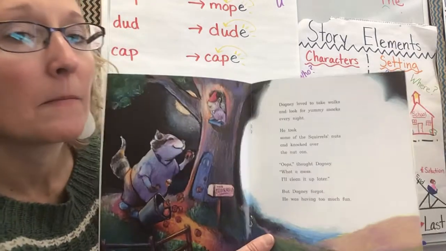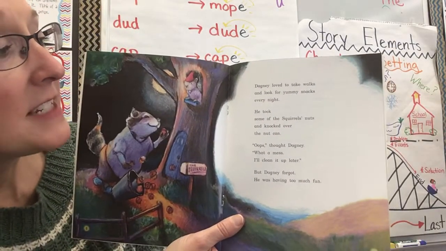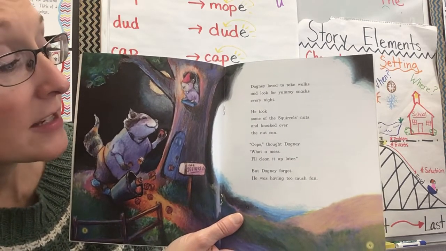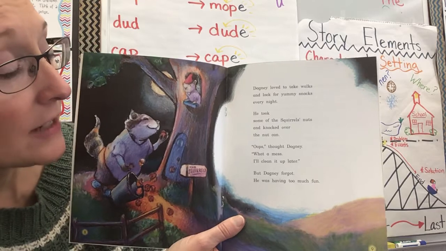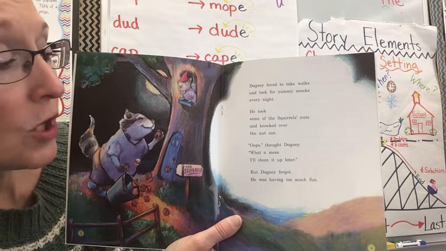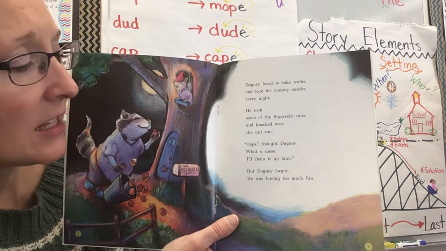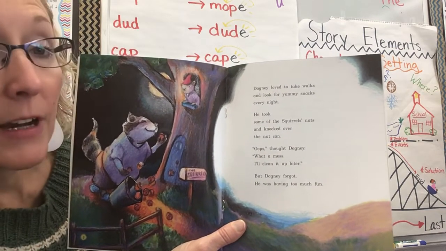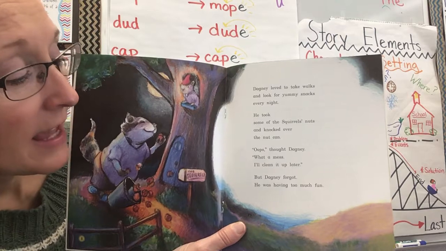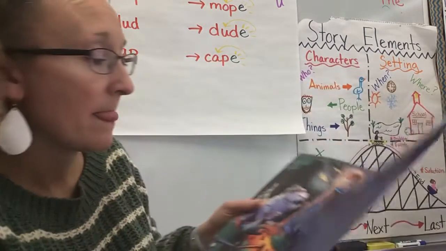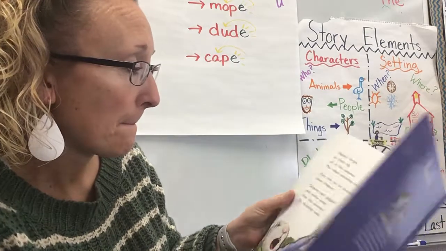You'll notice it again here. Dagny loved to take walks and look for yummy snacks every night. He took some of the squirrel's nuts and knocked over the nut can. Oops, thought Dagny, what a mess. I'll clean it up later. But Dagny forgot. He was having too much fun.